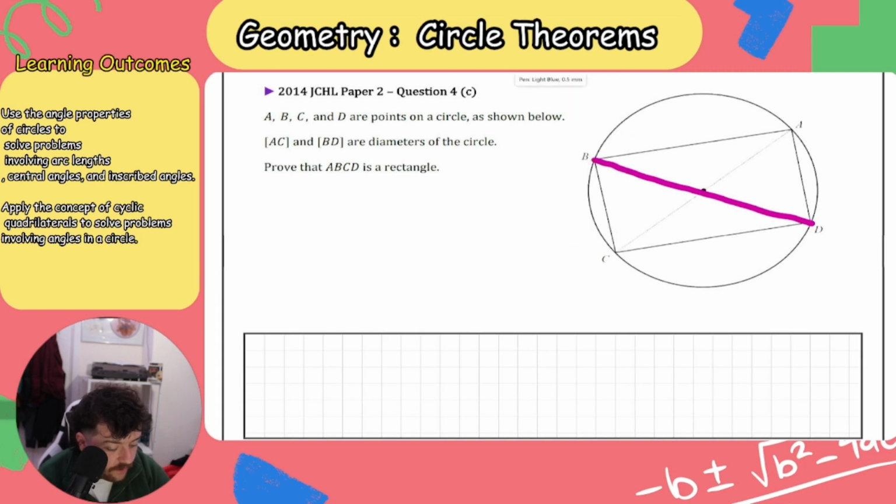So if you're looking here, this angle must be 90 degrees, and same here, this angle must be 90 degrees, using my theorem that angles on a diameter make 90 degrees. So they're both 90 degrees.